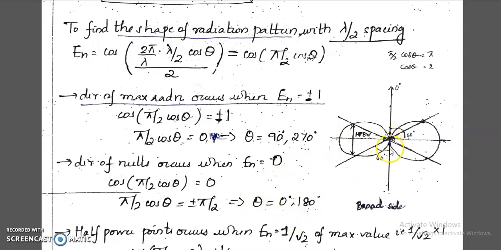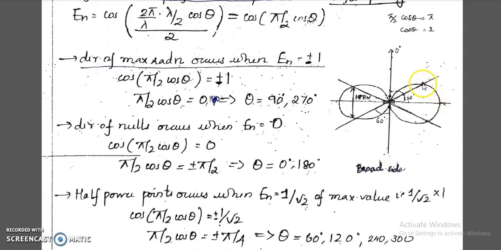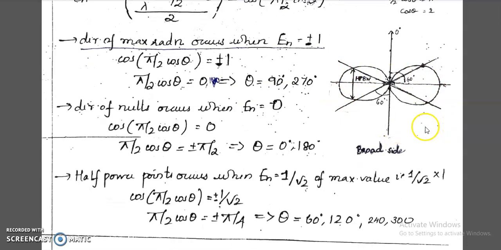At 0 and 180 you will get electric field intensity 0. And half power points occur at the angles 60 degrees, 120 degrees, 240 and 300. So these are the half power points. And this radiation pattern is termed a broadside radiation pattern. Okay, that's all. Thank you.